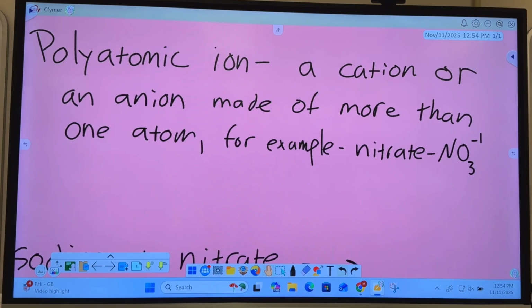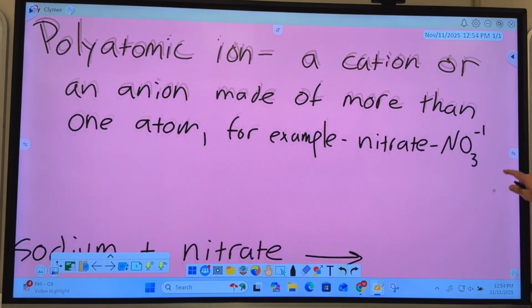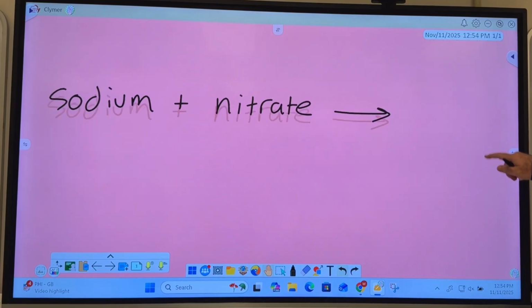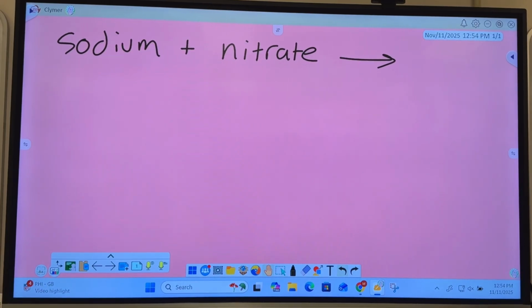So what we're going to do next is a problem just like the first one we did together with potassium and oxygen. But this time, we're going to use a polyatomic ion, where before we had used oxygen instead. So under this definition, and just like the first one we did, let's do sodium plus nitrate.